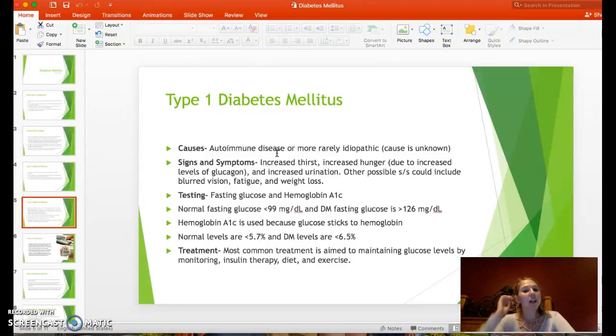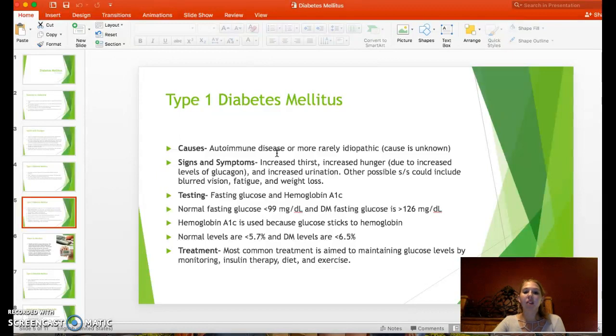Testing is fasting glucose and hemoglobin A1C. So basically you usually don't eat for 24 hours before you do a blood test, and then that blood test will show your glucose levels. Usually you have to do them repeatedly and have a glucose level over 126 multiple times in order to be diagnosed as diabetic.